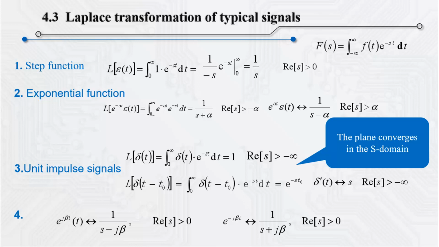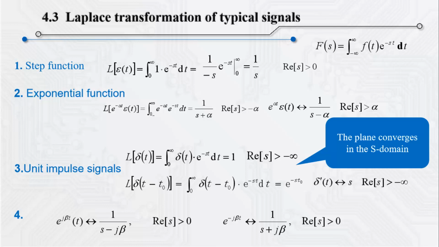Solve this integral when sigma is greater than negative alpha. F(s) equals 1 over s plus alpha. That is, the Laplace transformation of e to the power of negative alpha t is 1 over s plus alpha. The convergence domain is sigma greater than negative alpha.